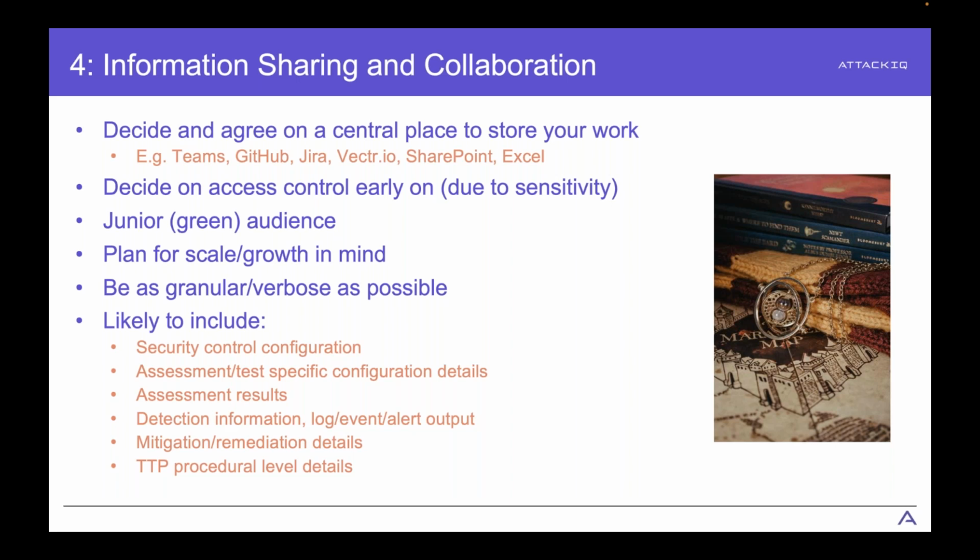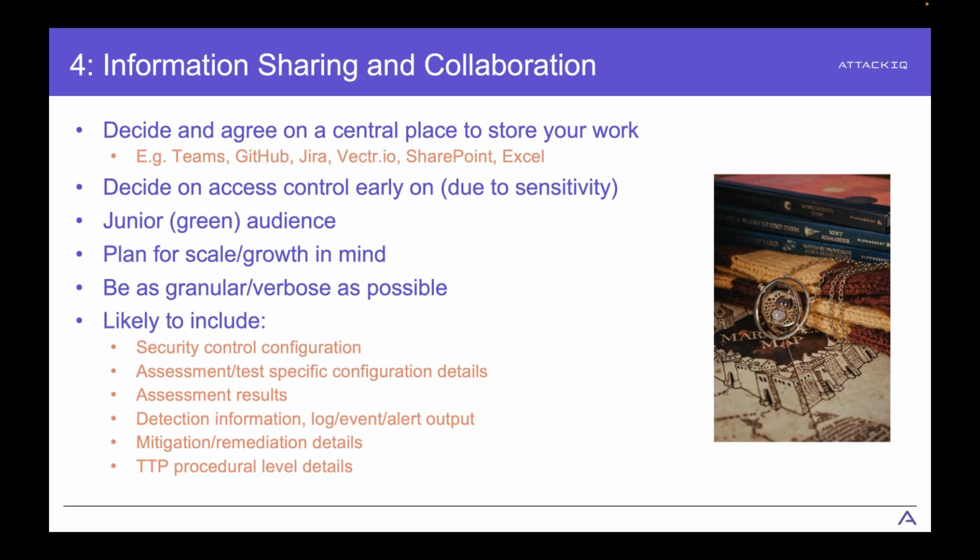So again, some of the information that you are likely to document along the way, and again, this isn't an exhaustive list, but it will vary from one company to the next. Things like security control specific configuration details, which you're going to learn over time, how your controls respond or don't respond, or prevent or don't prevent, for example.